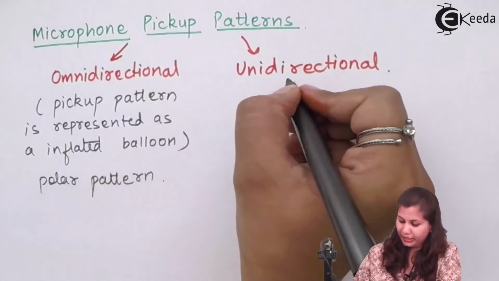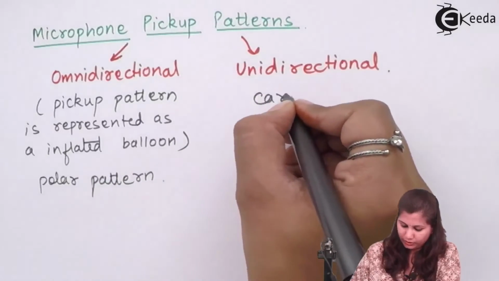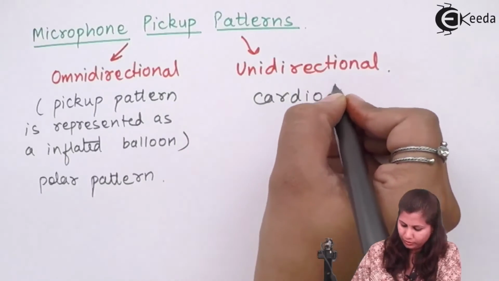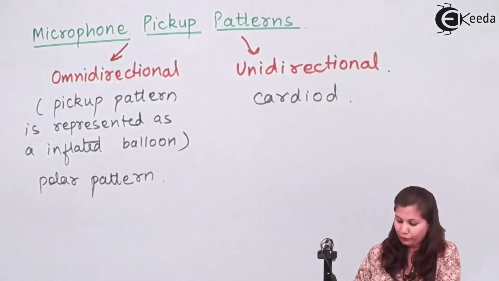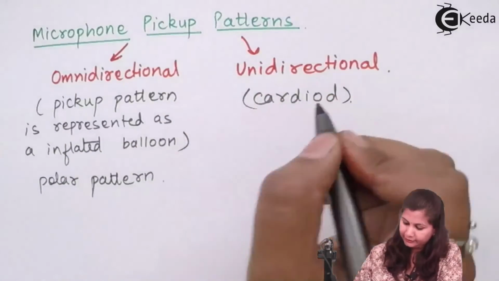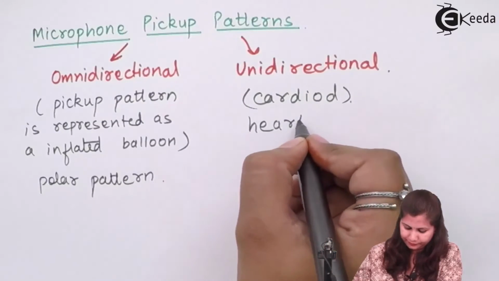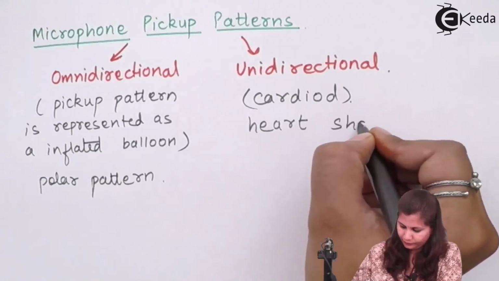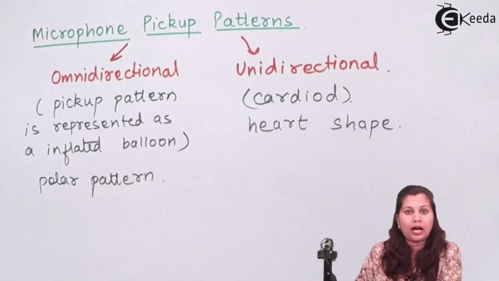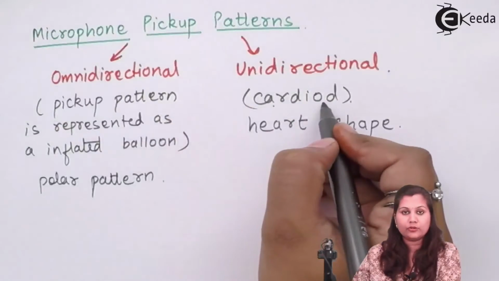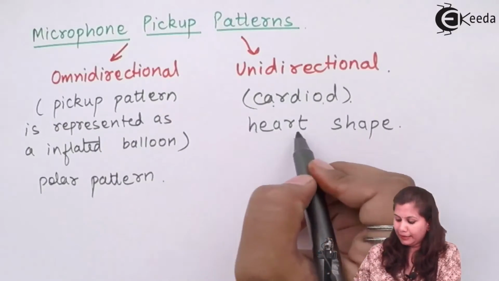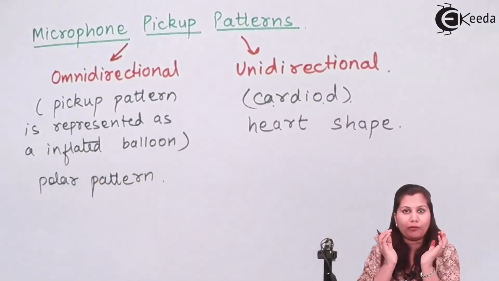Whereas the unidirectional is also called the cardioid type of microphone. And in that, the pickup pattern is represented as a heart shape. Cardio is used for heart. So pickup patterns are represented in the form of a heart.